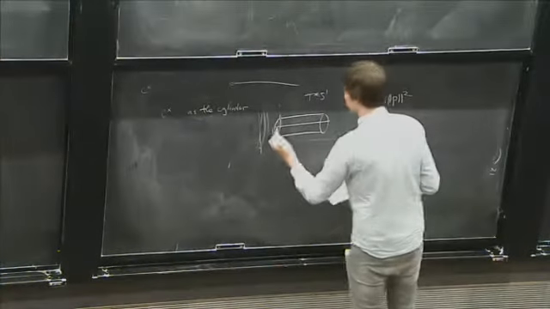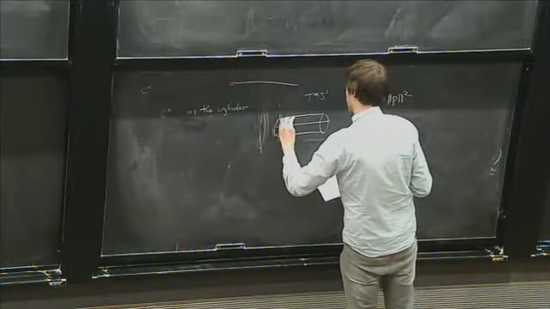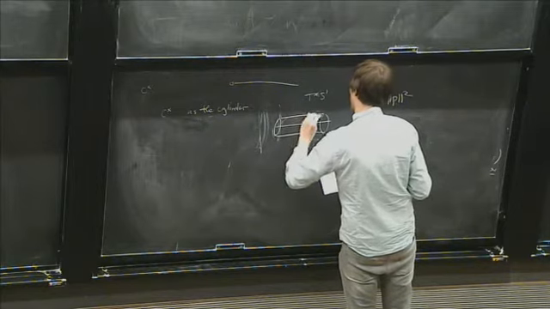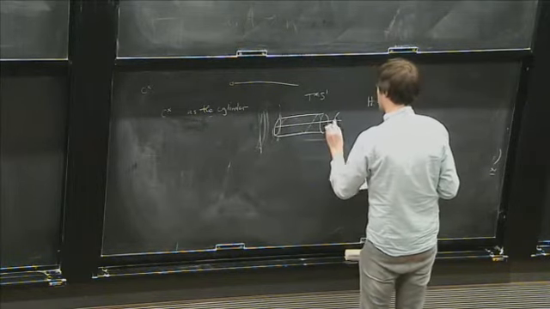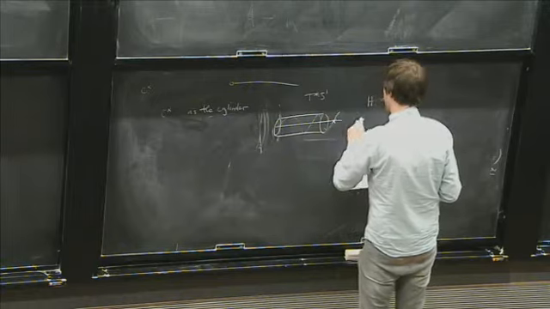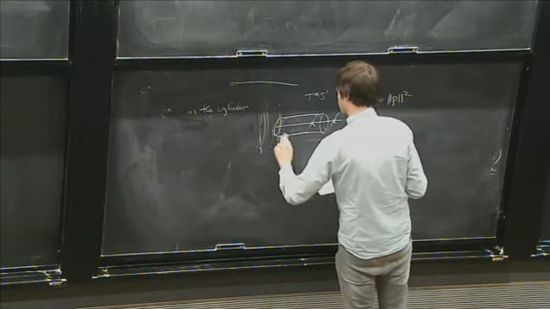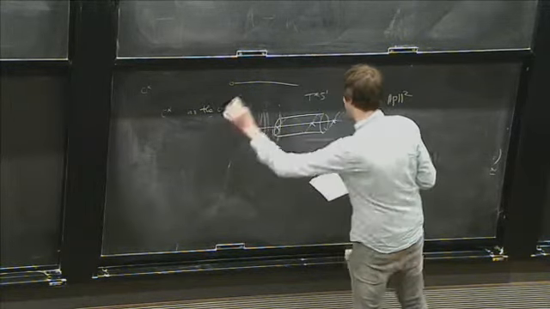So what happens is it ends up intersecting itself. There ends up being an infinite number of self-intersections, in both directions.